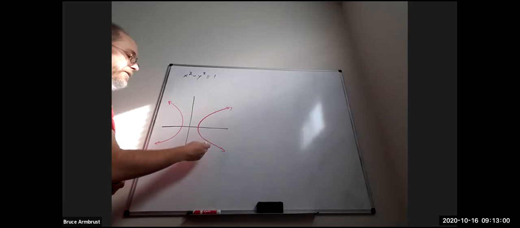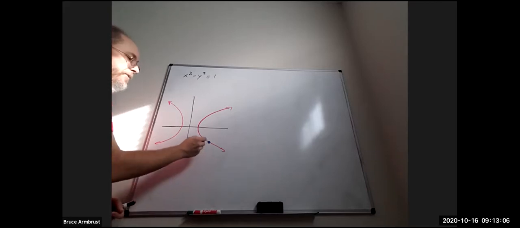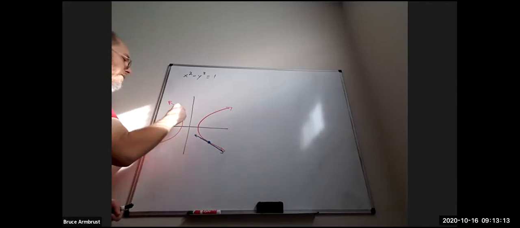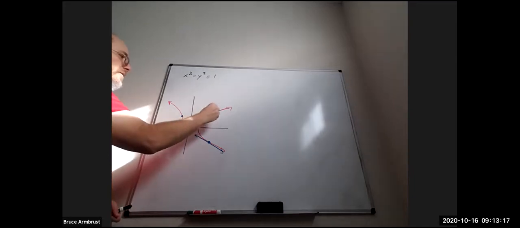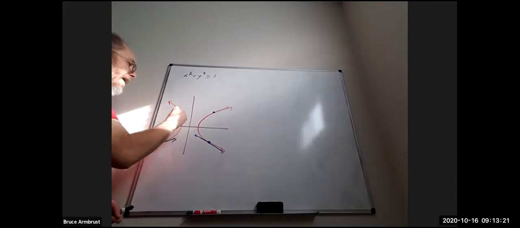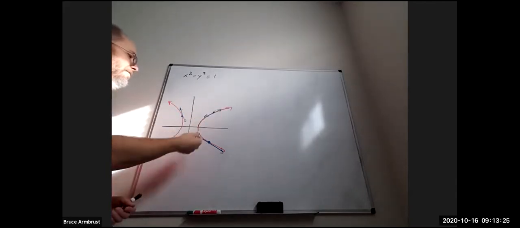What if I said, okay, out at this point right here, I want to know the slope of that tangent line? Because maybe I want to approximate this graph with a linear function. Or maybe not that point. What about this point? Maybe I want to know the slope of that tangent line, or the tangent line here or here, right?